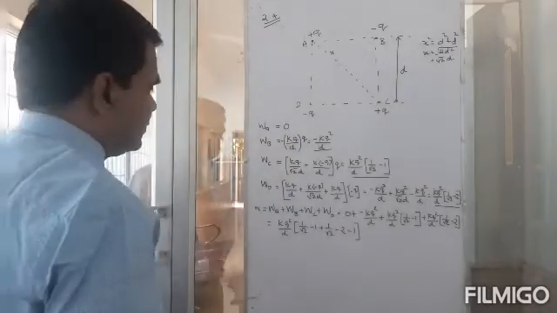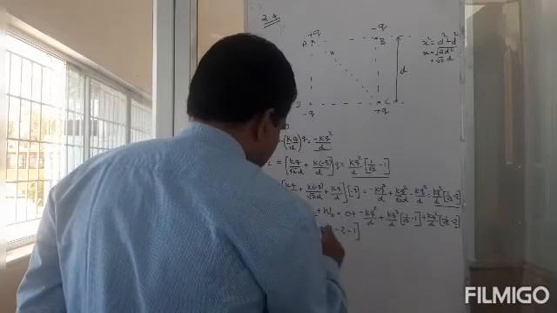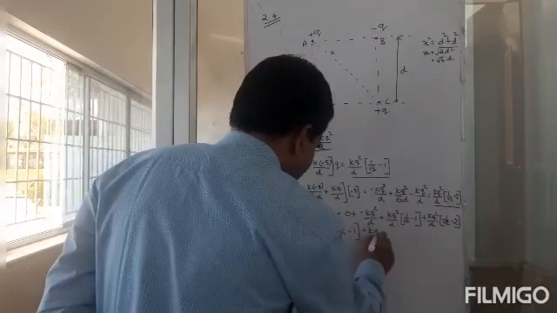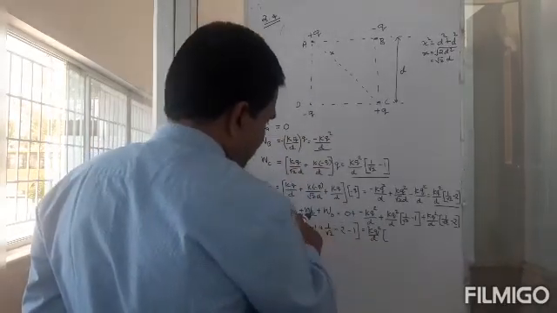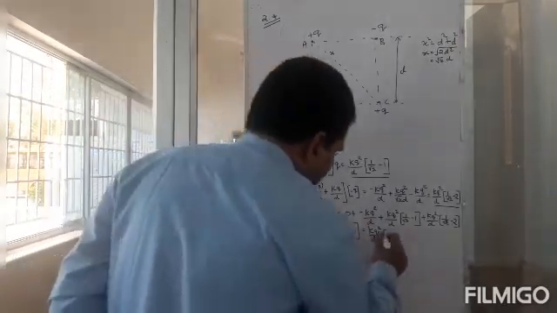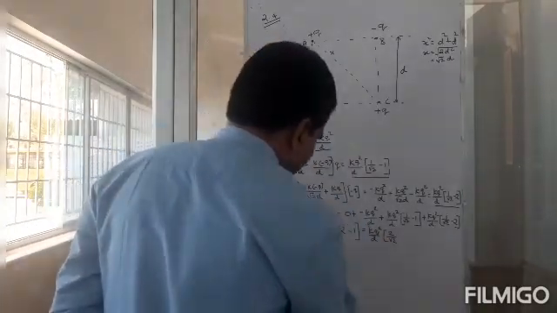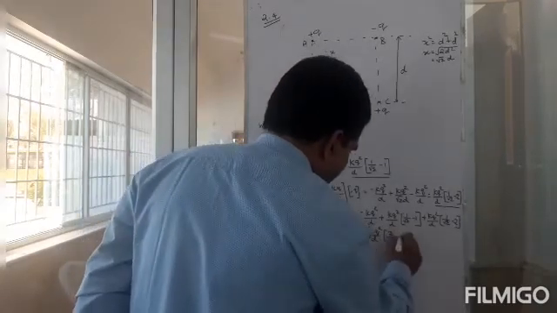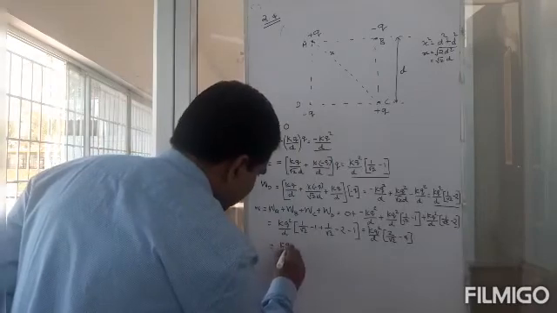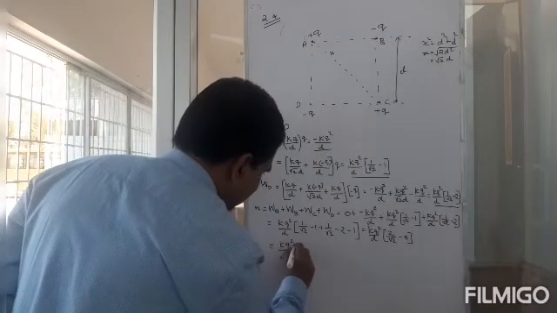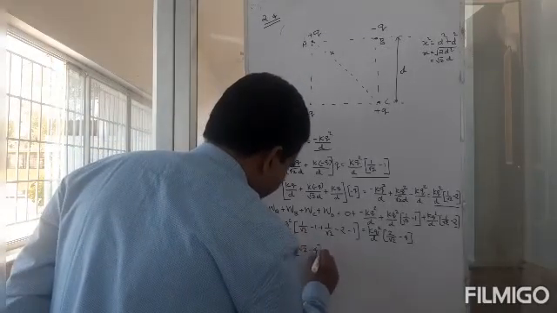So this results in kq squared by D into, there are 1 by root 2 and 1 by root 2, so 2 by root 2, which is root 2, then minus 1 minus 2 minus 1, so minus 4. So that should give you kq squared by D into root 2 minus 4.